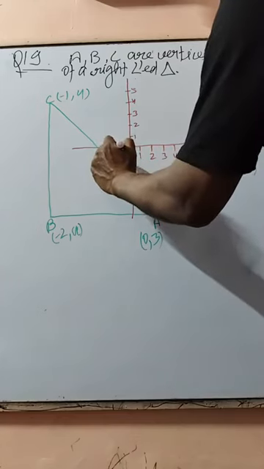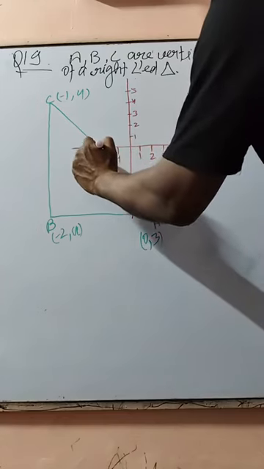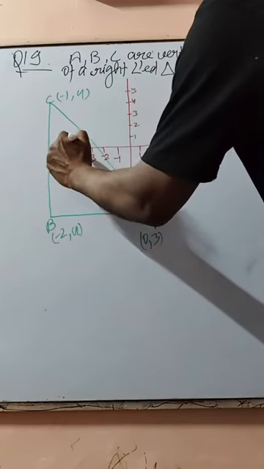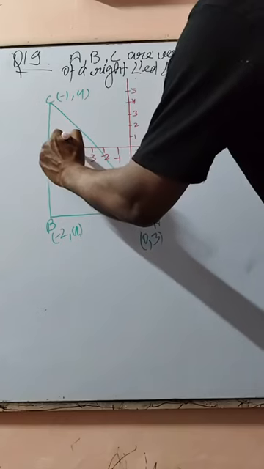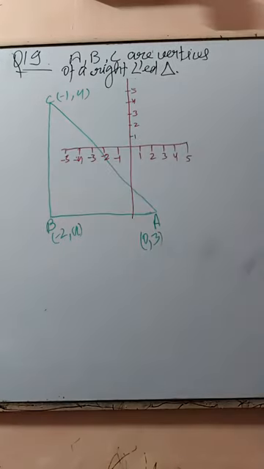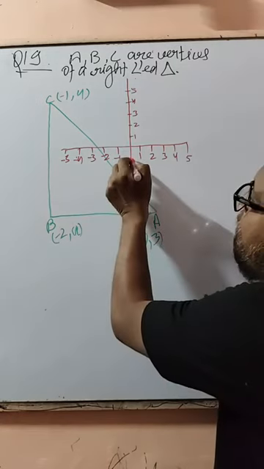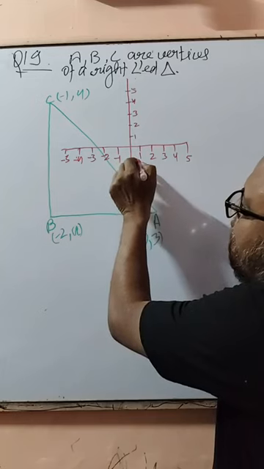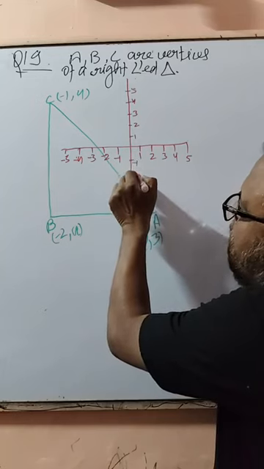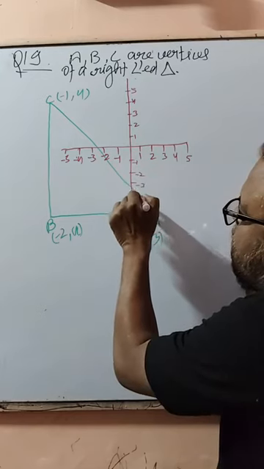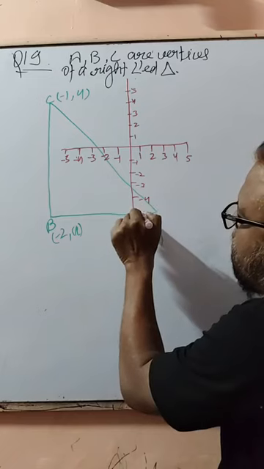This is -1, -2, -3, -4, -5, and the same on the other axis.